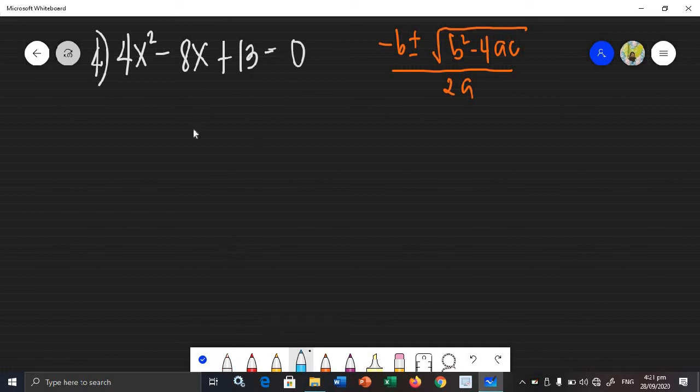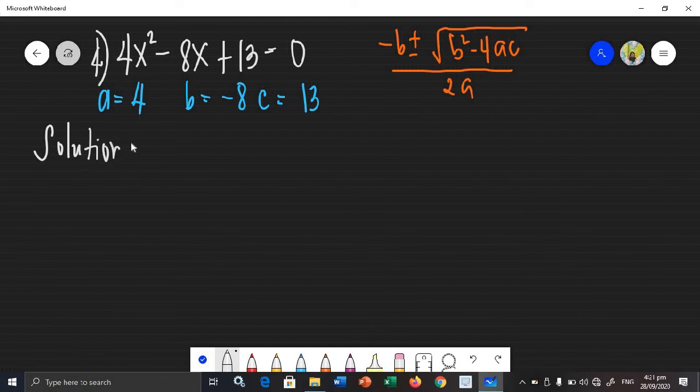So ito, the given is already in standard form, therefore we can just list agad yung values ng A, B, and C. Okay, so A is 4, B is negative 8, C is 13. Now, solving this, I am going to straight up substitute everything, okay?